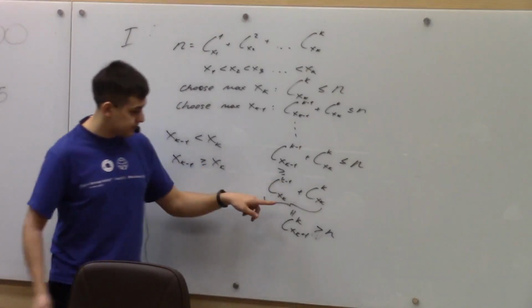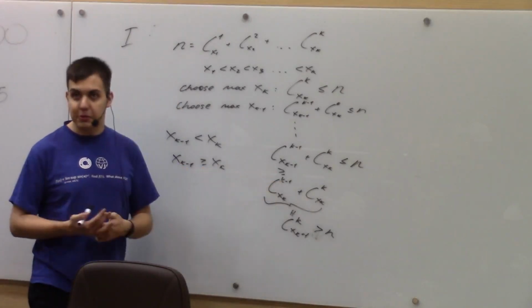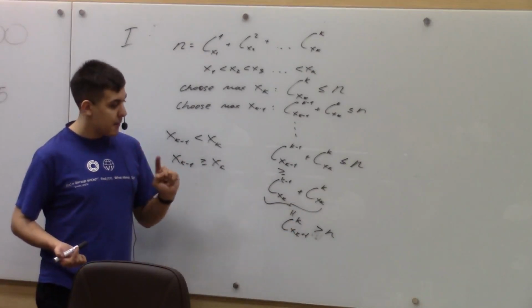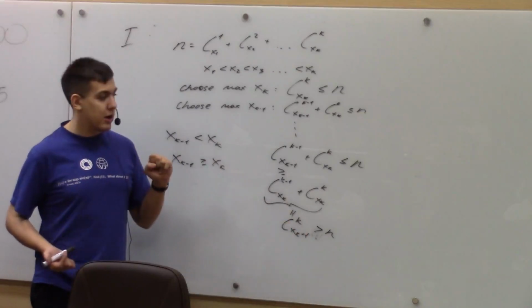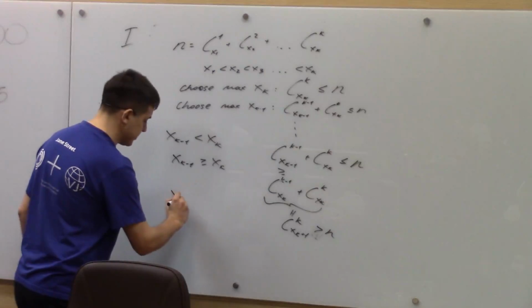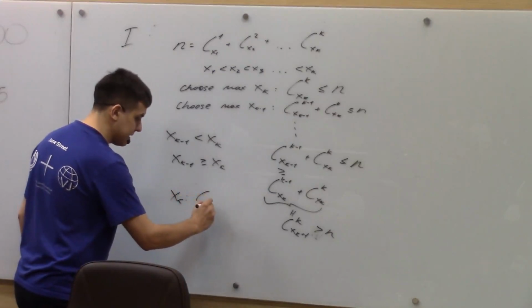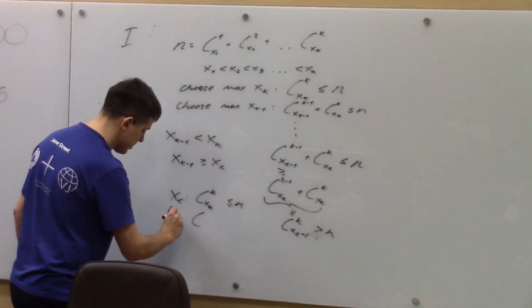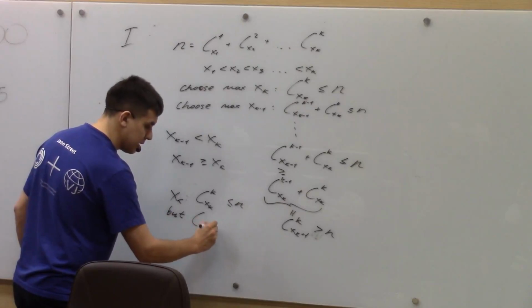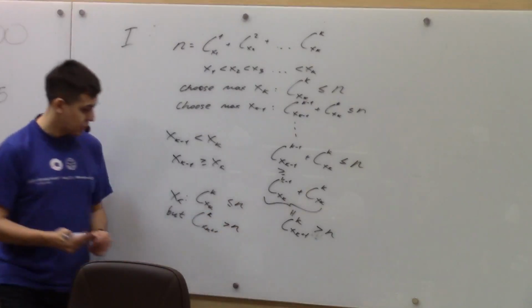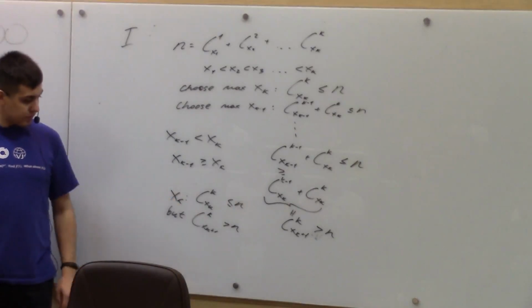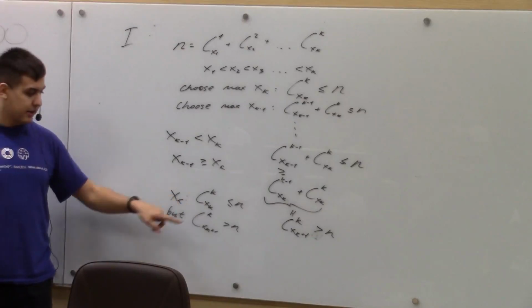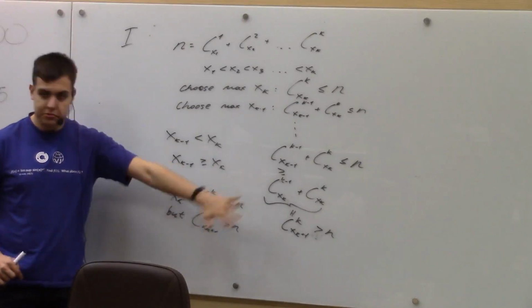And the sum of these two, by the fundamental property of binomial coefficients, is xk plus 1 choose k. But this one is greater than n, because we chose xk in such a way that xk choose k is less than or equal to n, but xk plus 1 choose k is greater than n. So we chose the unique xk that has this property, but there is a contradiction.